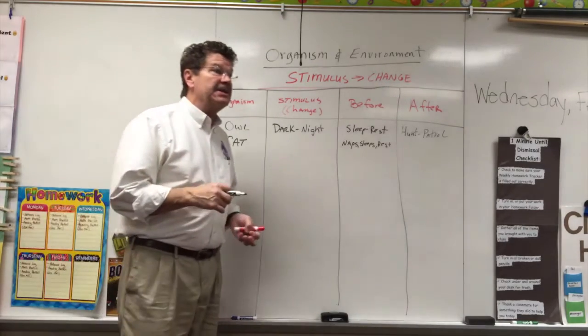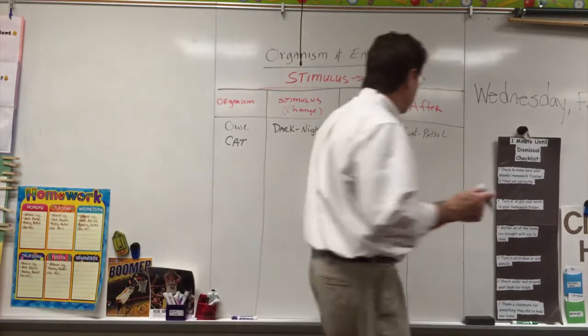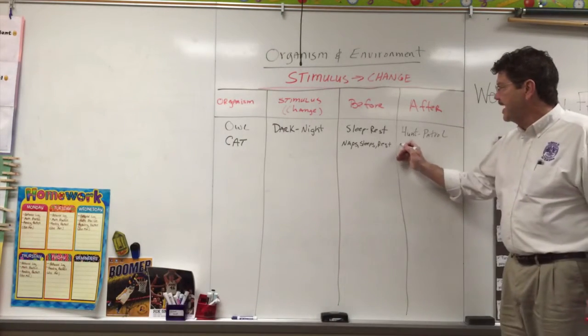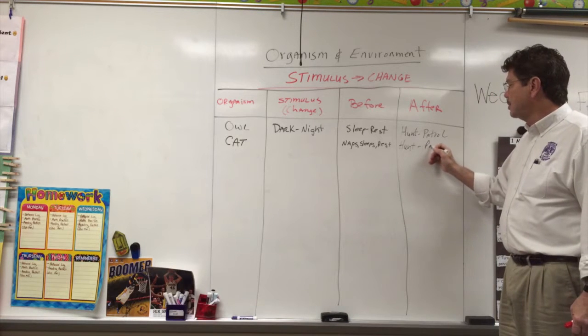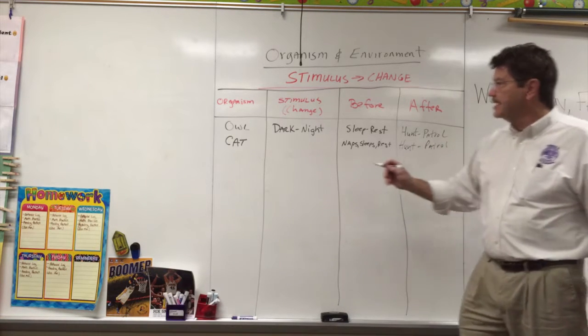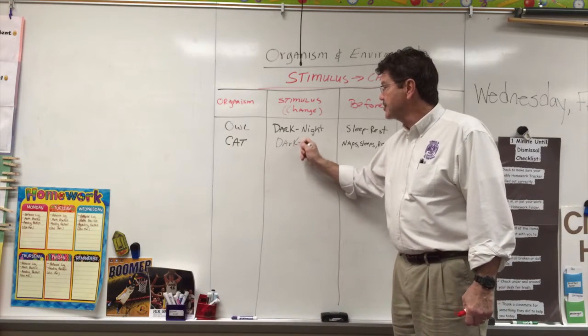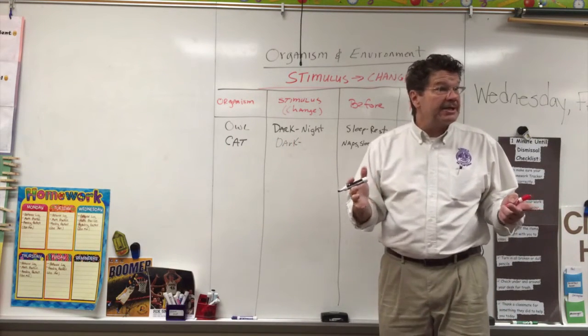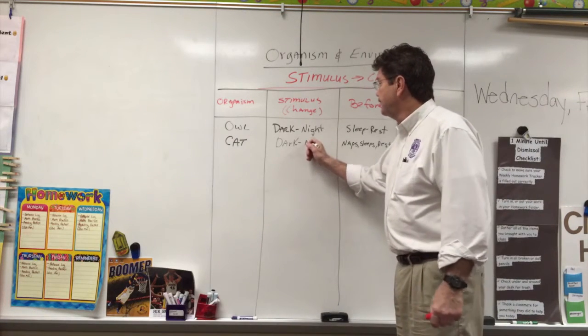And bobcats and tigers and lions and pumas, they all hunt at night. Nighttime is a stimulus, so when it's dark, they hunt and they patrol. And guess what? They have adaptations. They can see really good at night. They have padded feet that are quiet for walking at night.